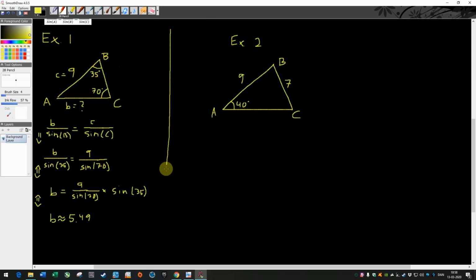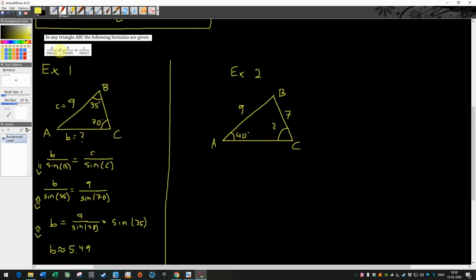Another example, we have that here. In this case, we want to calculate the angle C. Again, you look at the formula over here, the laws of sine. You ask, what do you want to find? You want to find a capital C, so the angle C. So it has to say something with that. And what do we know?